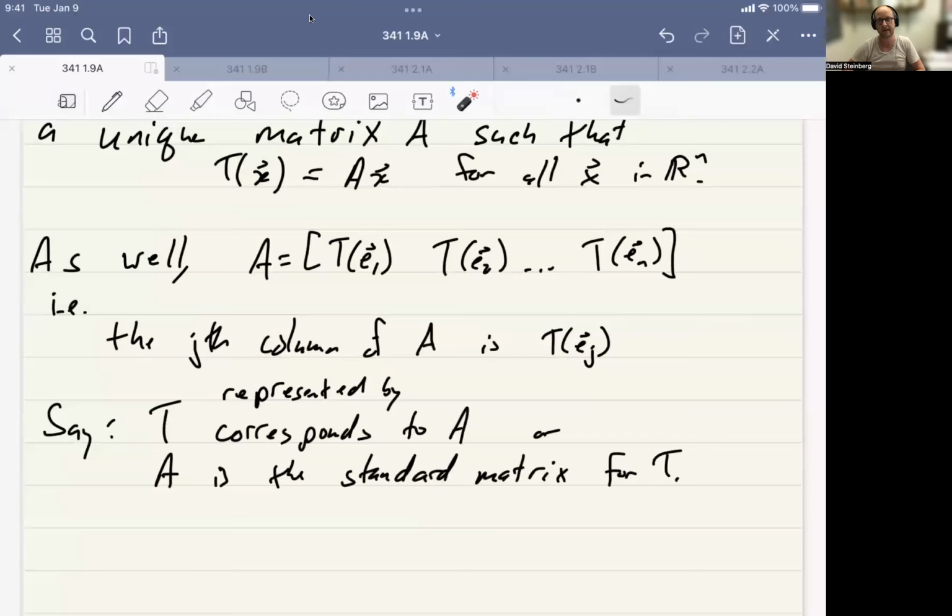We'll see those, if not at the end of 341, then certainly at the beginning of 342.